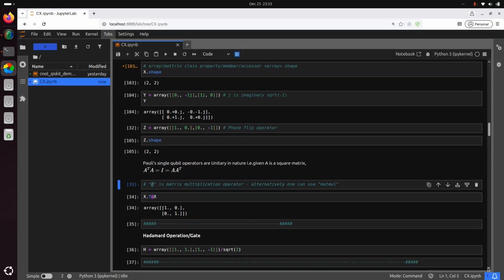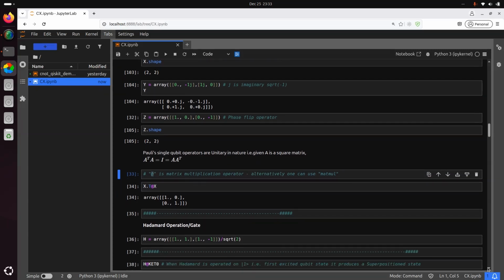The star or asterisk is an element-wise multiplier, whereas the at sign is the matrix multiplication. It performs matrix multiplication of two matrices. And you can see here, when the transpose of A times A is identity, likewise the transpose of X times X ended up with an identity matrix here.